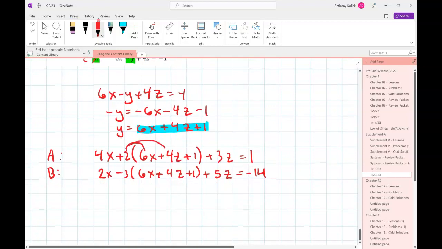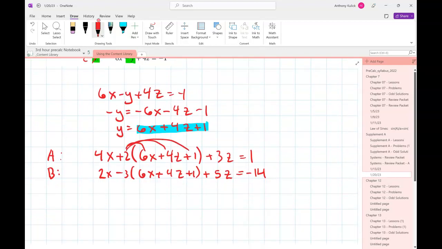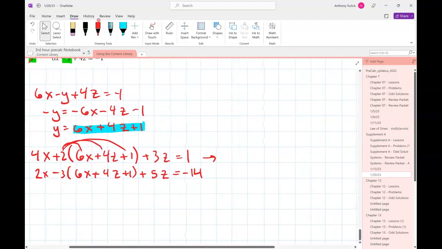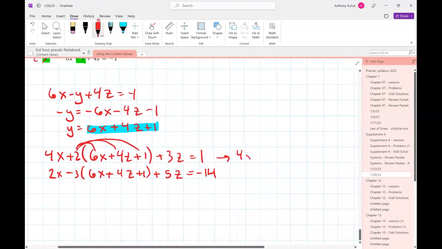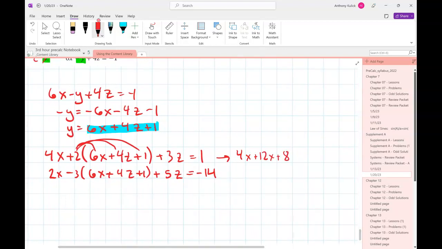And now we've got to distribute everything through, and do the same thing down here. Remember to take your negative with you when you're distributing things through.